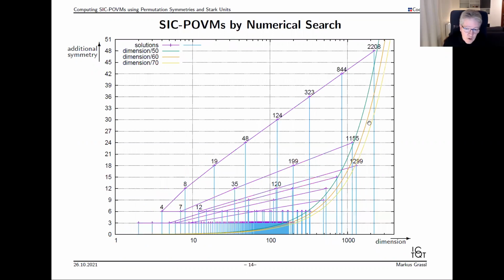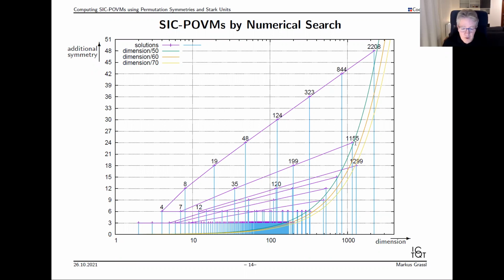But now when we look at the known solutions, those are essentially all these blue spikes, again with logarithmic scale for the dimension, linear scale for the symmetry. What I've plotted here in addition is the ratio of the dimension by some constant: 50, 60, and 70.